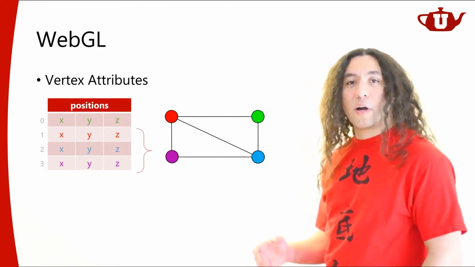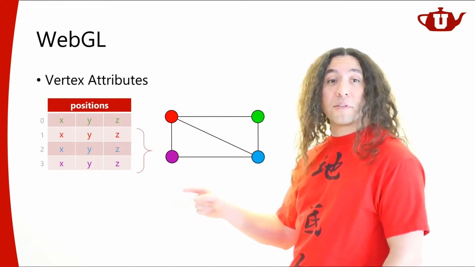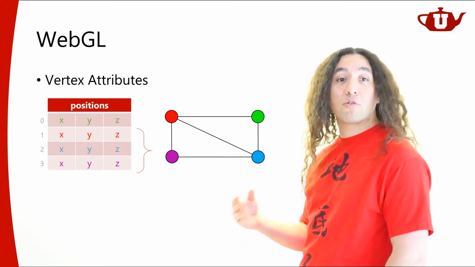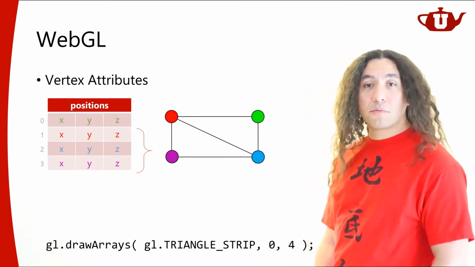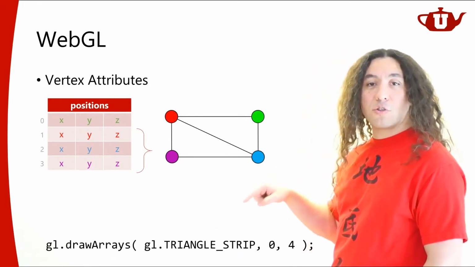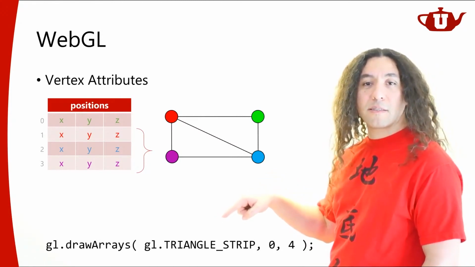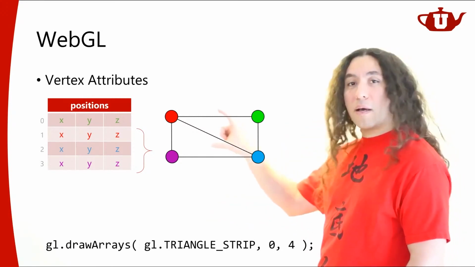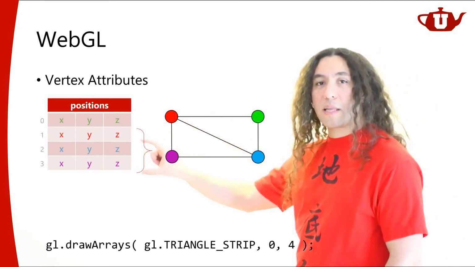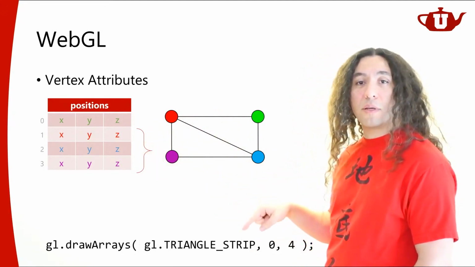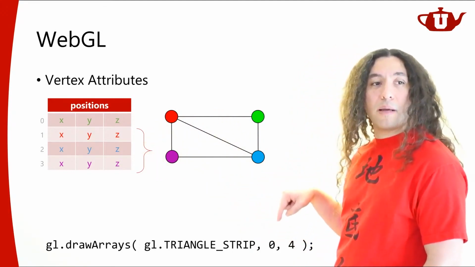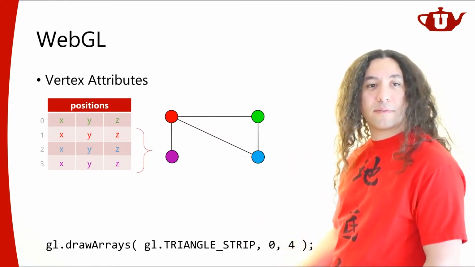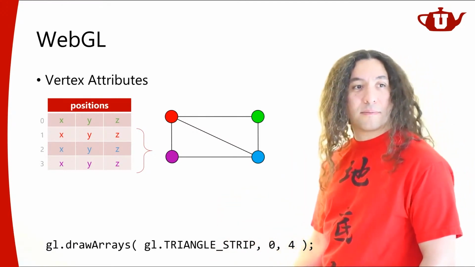So this is what we call a triangle strip. If you order your vertices carefully, you might be able to draw your mesh using triangle strips. So in this case, I can draw it using triangle strips just like this. I'm saying I'm not drawing triangles now, I'm drawing triangle strips. Every group of 3 consecutive vertices will form a triangle in a triangle strip. And I'm saying I'm starting from 0, and I'm going to draw 4 vertices. That means I'm drawing 2 triangles in triangle strip format. Right?